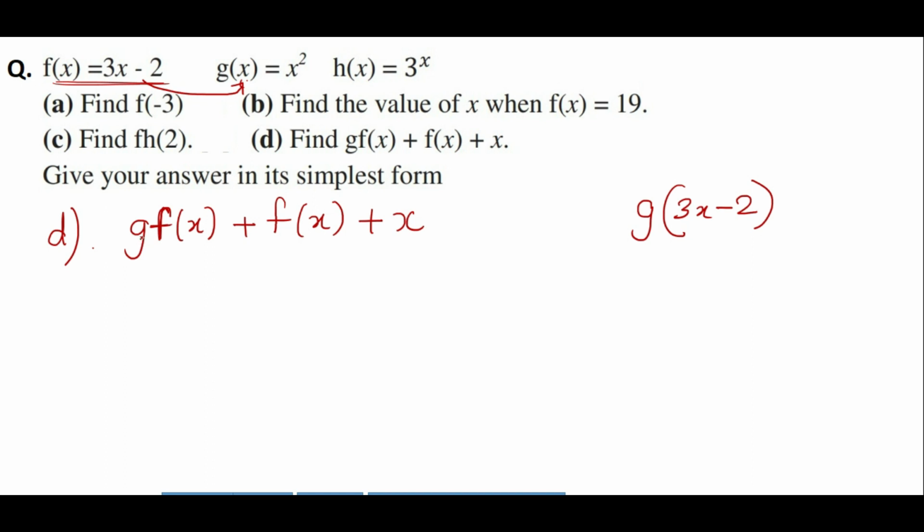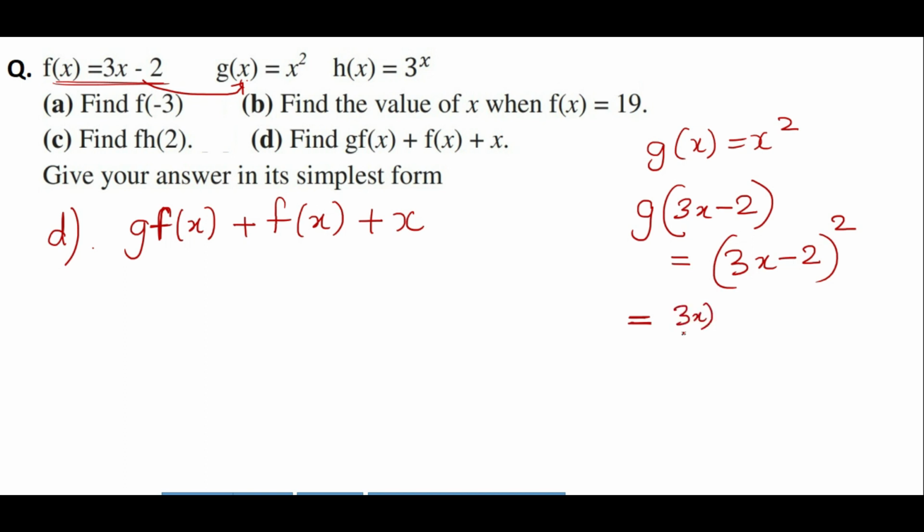So the function g of x is going to depend on f of x. Now g of x is x squared. So g of 3x minus 2 is going to be 3x minus 2 the whole squared, which you can expand using the identity a minus b the whole square.